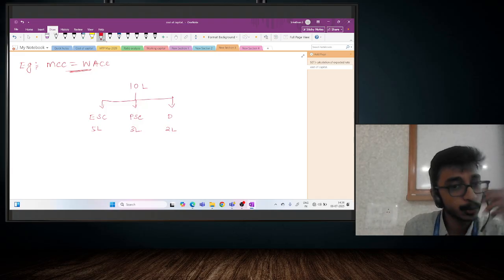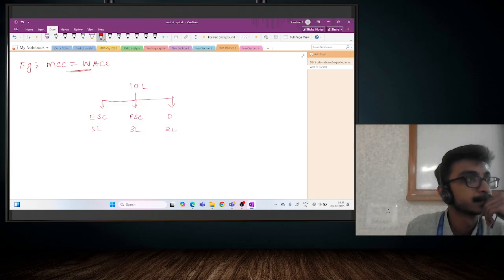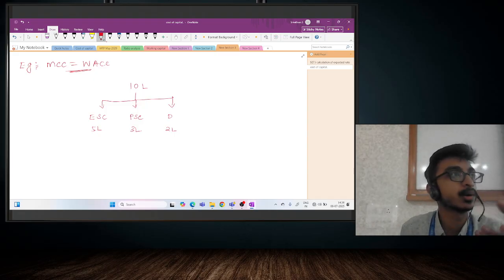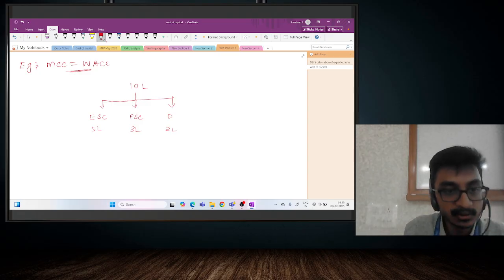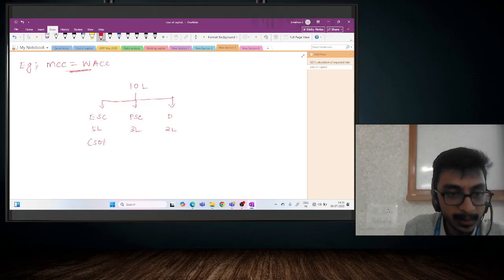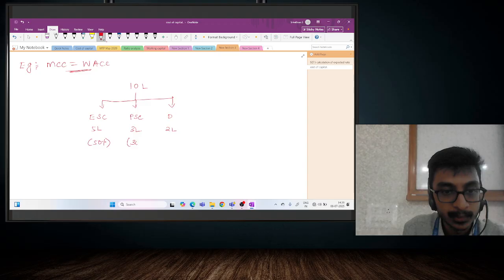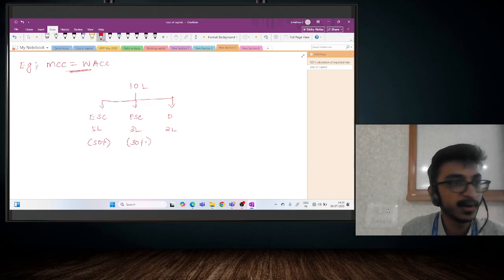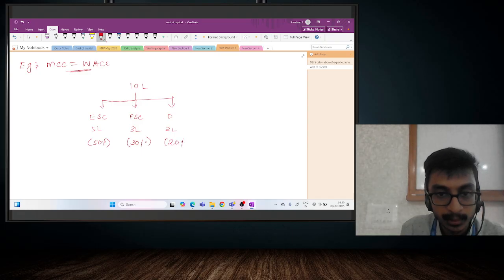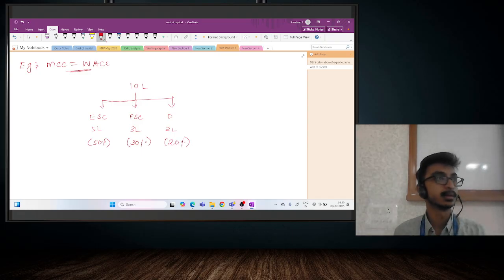Now what is the proportion of equity share capital? Total capital is 10 lakh, out of which 5 lakh came in the form of equity. So 50% is equity share capital, 30% is preference share capital, 20% is debentures or debt, right?